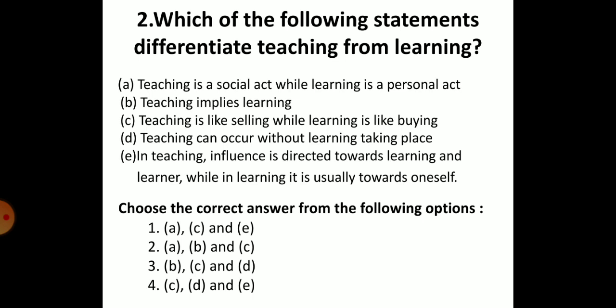E: In teaching, influence is directed towards learning and learner, while in learning it is usually towards oneself. Have to choose the right answer. Here, statements A, C, and E can differentiate teaching from learning, but statements B and D do not. So, the right answer is option 1, that is A, C, and E.